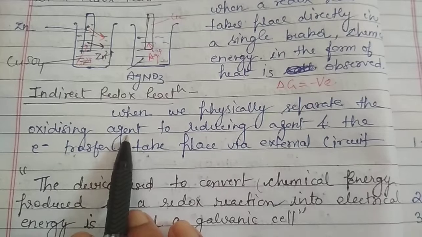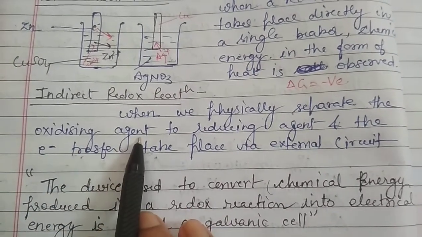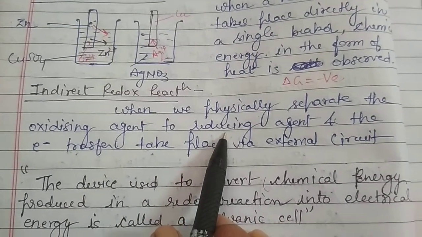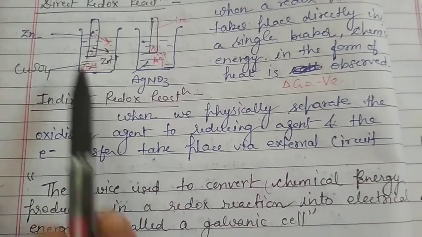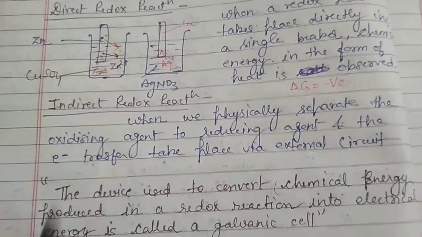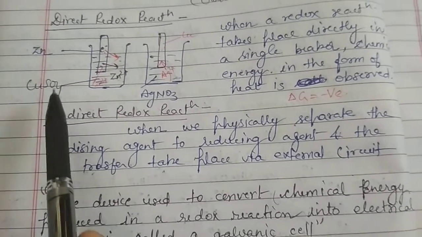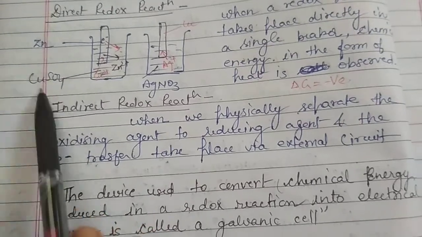The oxidizing agent is that which is being reduced while oxidizing the other, and the reducing agent is that which is being oxidized and reducing the other. In the case of zinc and copper sulfate, the zinc rod is being oxidized, so it works like a reducing agent, and copper works like an oxidizing agent.